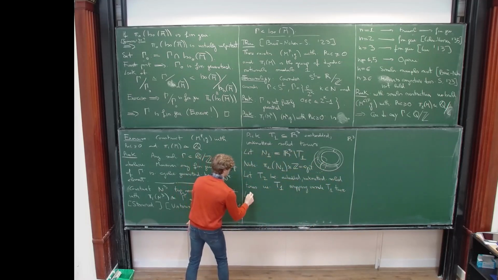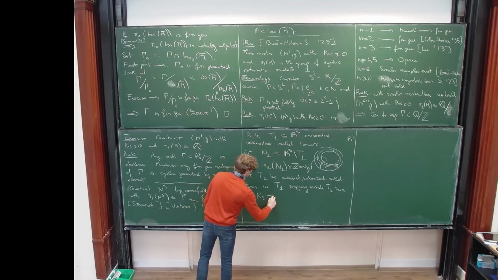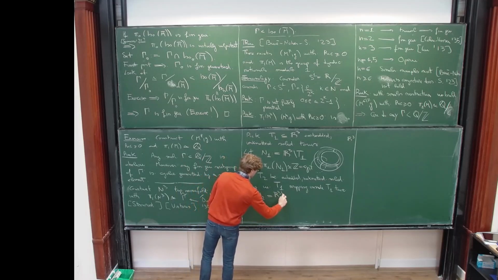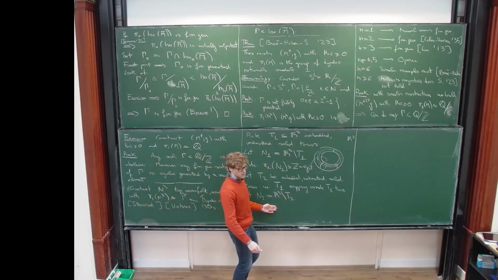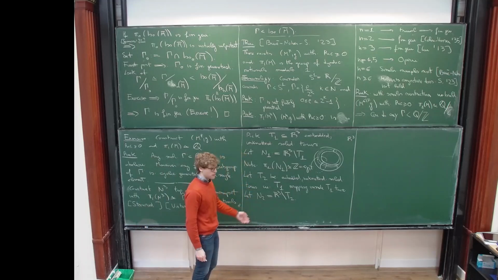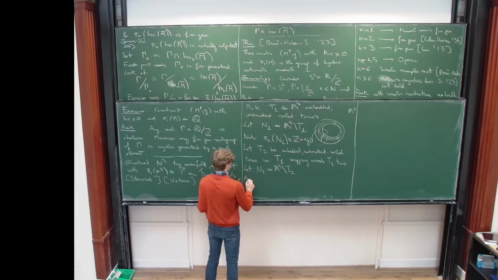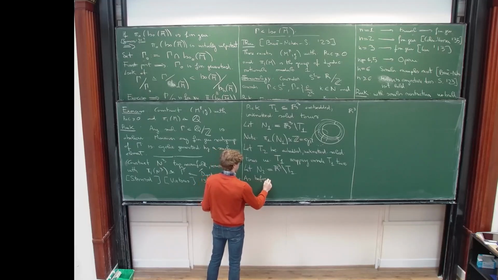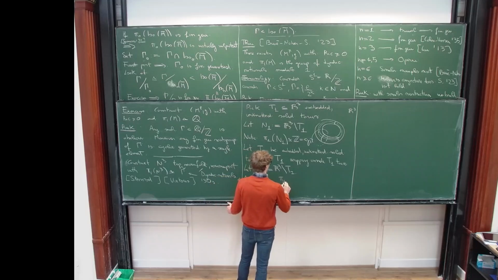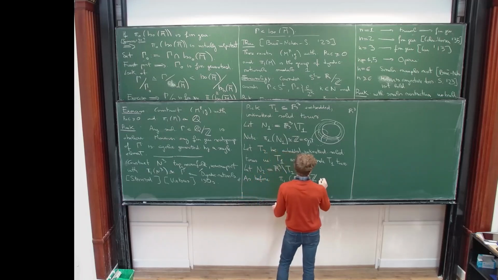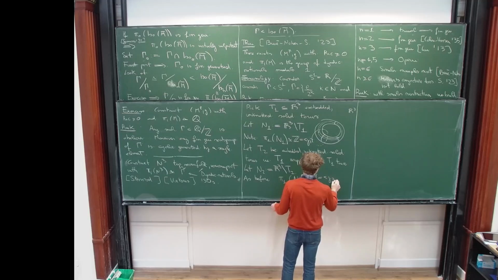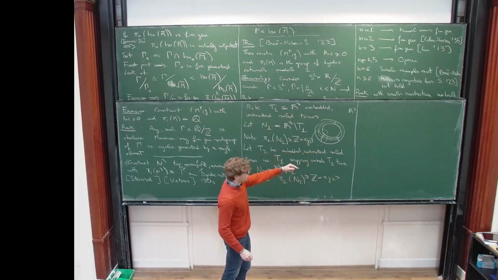Now let N2 be the complement of this new solid torus. For the same reason as before, the fundamental group of this is isomorphic to the integers, and let me call the generator gamma 2. This is the loop going around the second torus once.